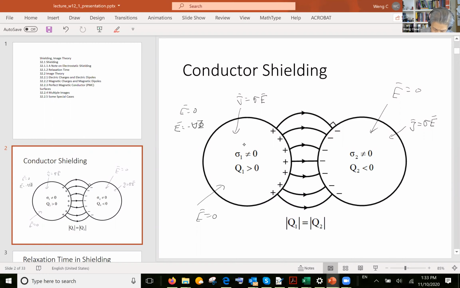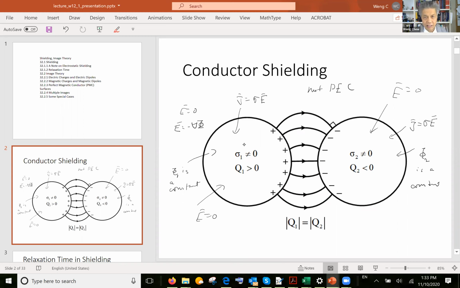It means that phi is a constant. And also here, let me call it phi2. Phi2 is a constant. Phi1 is a constant.